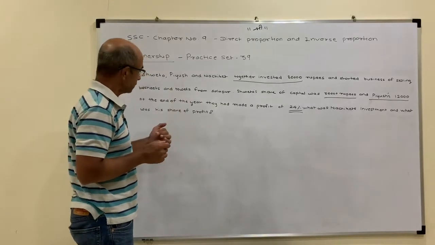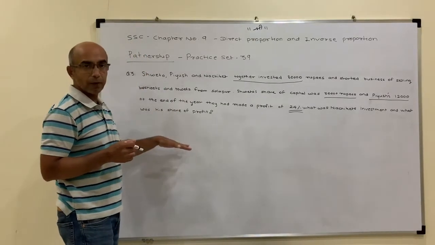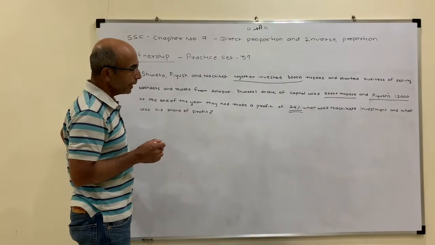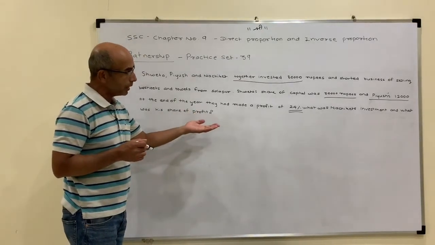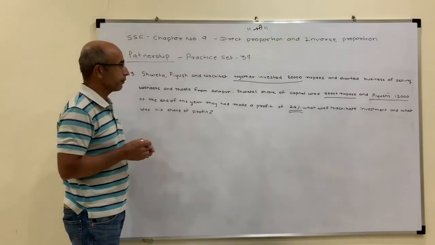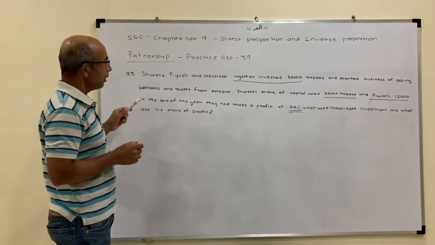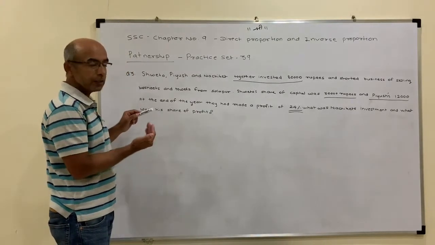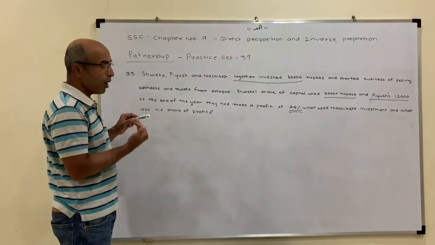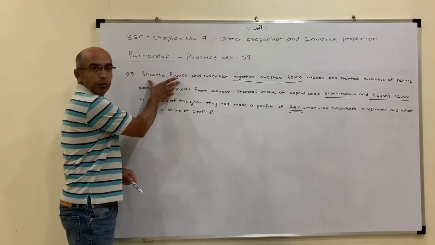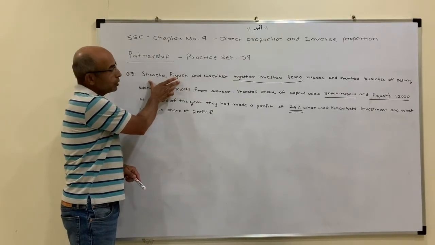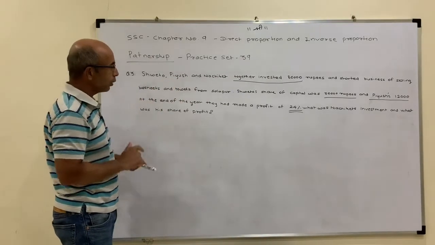And the second question is, what was his share of profit? So we need to find out how much Nachiket invested and how much profit he got. Now Nachiket's investment is total investment minus Shweta's and Piyush's investment.